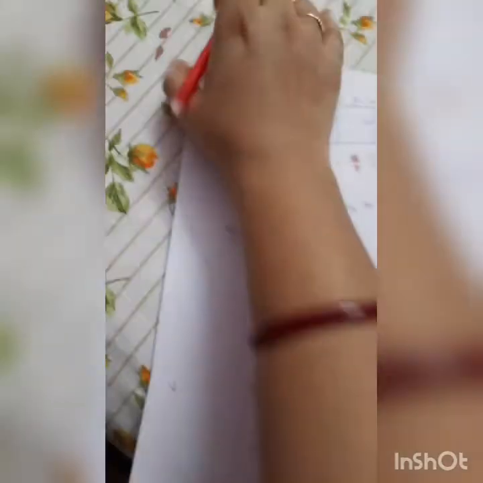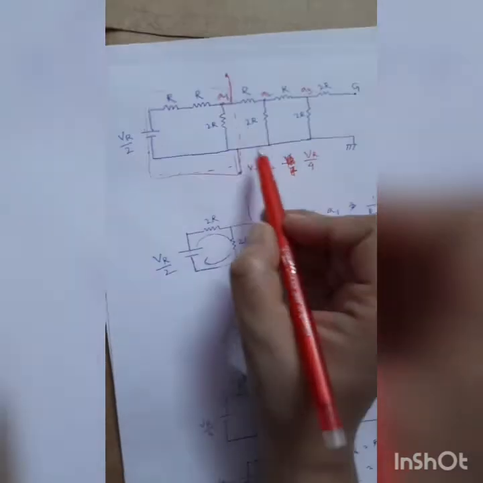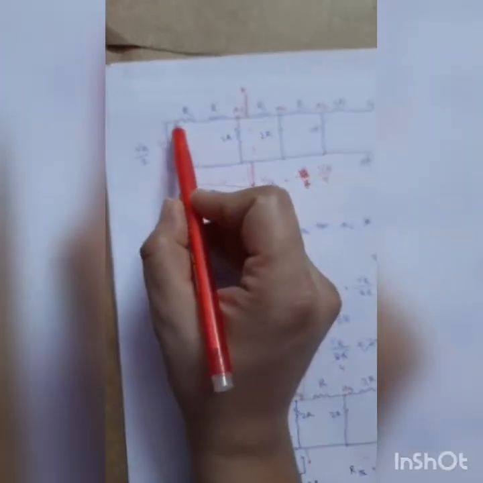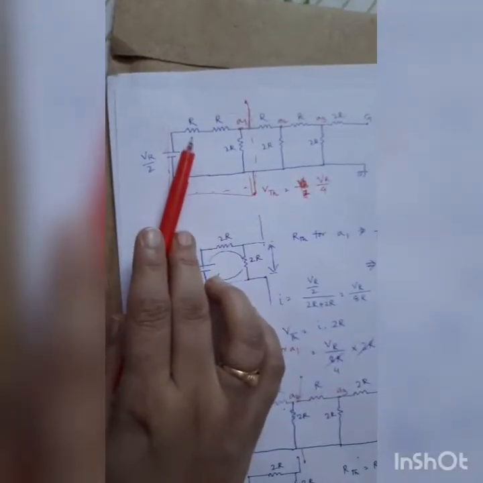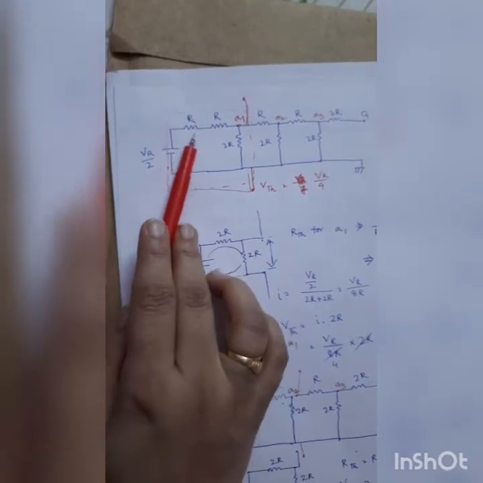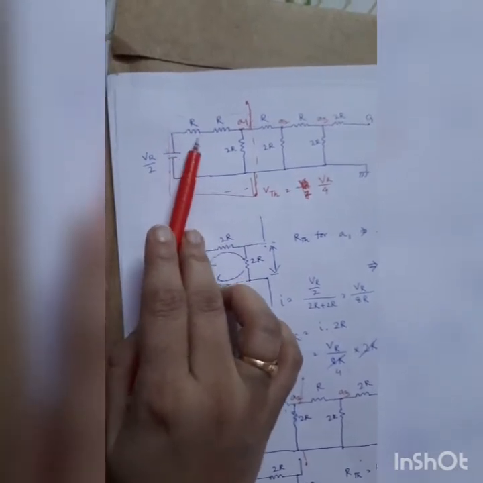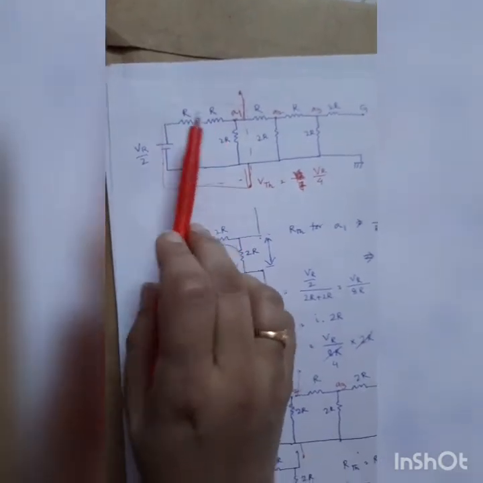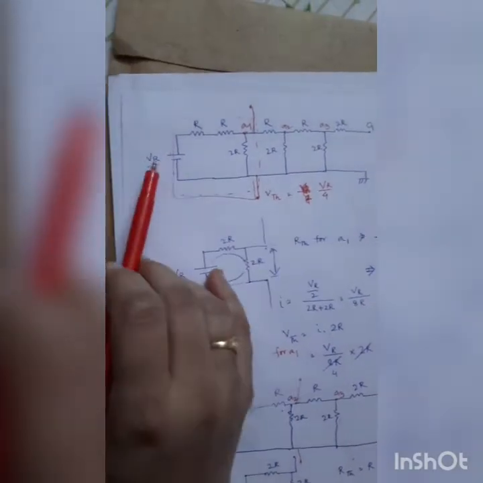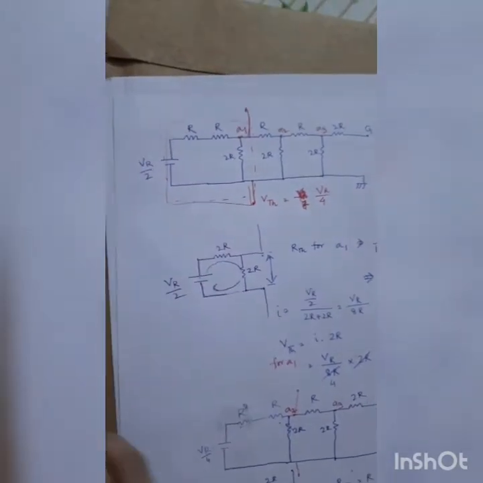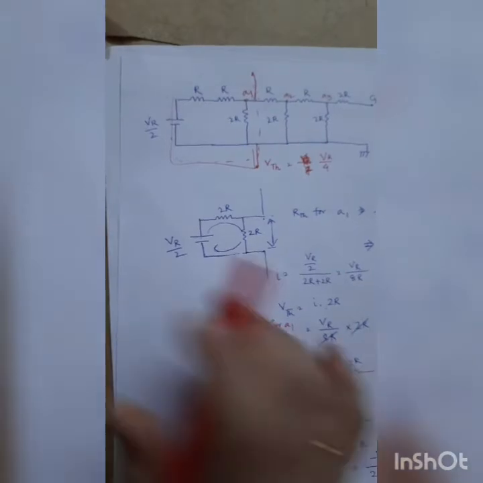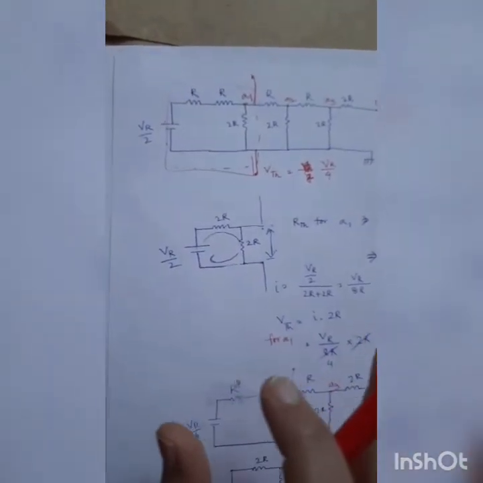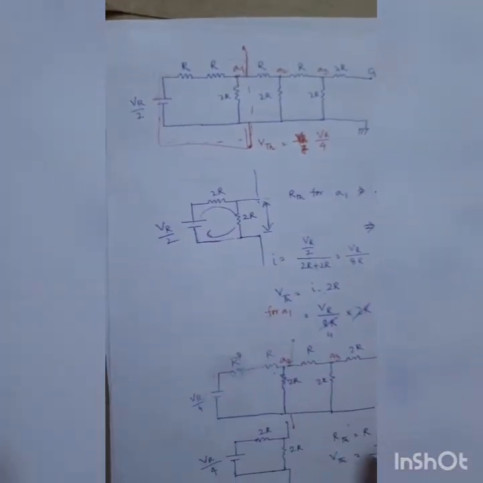So for the point A1, the RTH of the previous part, that is for A0, is R, the Thevenin resistance. This R is in series with the remaining part of the circuit, and the voltage is VR by 2, as we have just calculated. That is the Thevenin voltage.